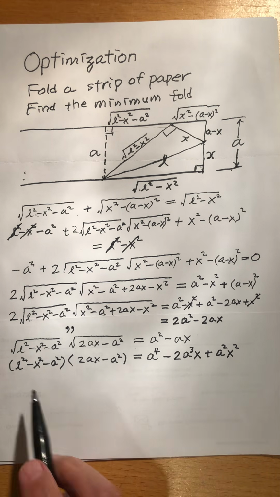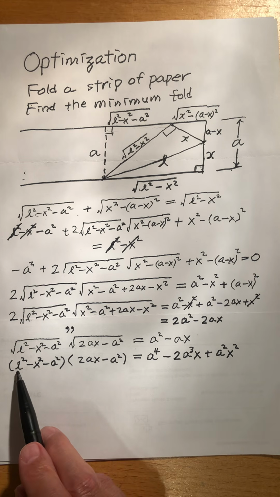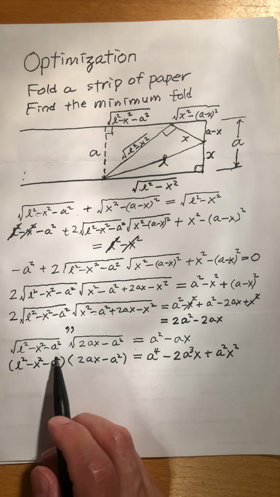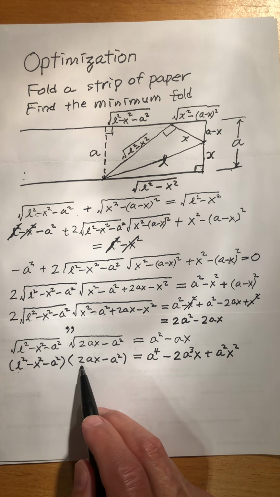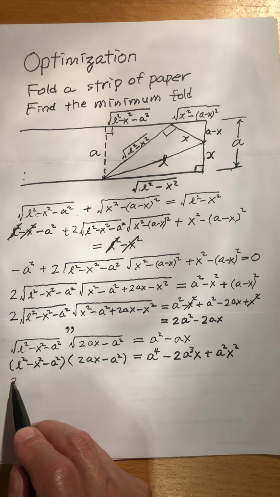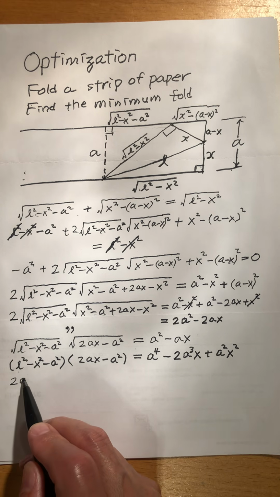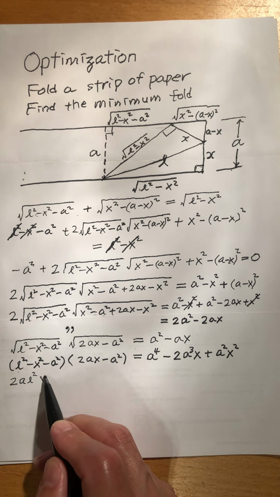Then I need to simplify further. To do that, I need to expand this. Okay. Again, this is a long work, and I need to be very, very careful. So this times that, 2a L squared x.